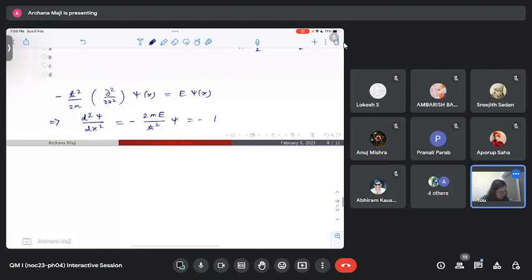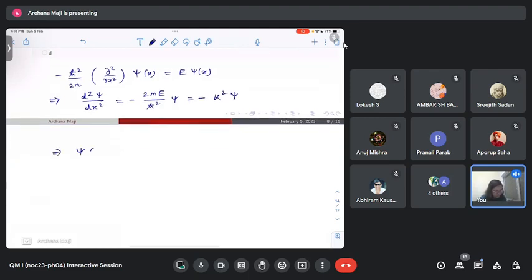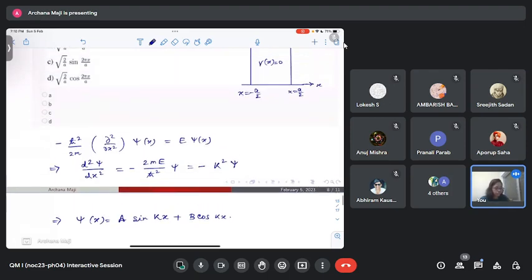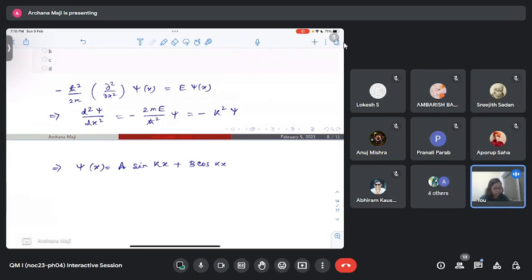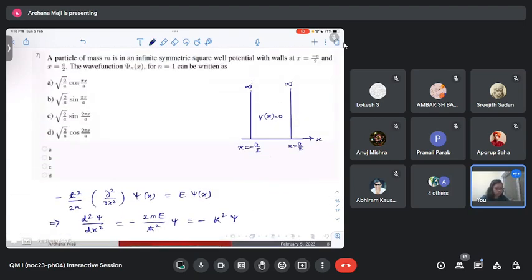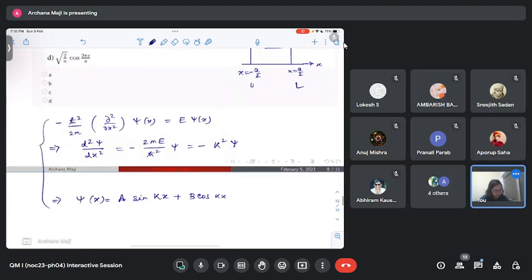So let's consider it to be some k square. So you know the solution is a linear combination of sine and cos. Now the boundary condition is a bit different. So far whatever we have done is the same as for the infinite potential when it ranges from 0 to L, when the potential is 0 between 0 and L. But now the boundary condition is different.